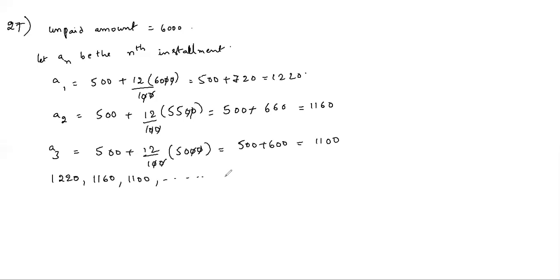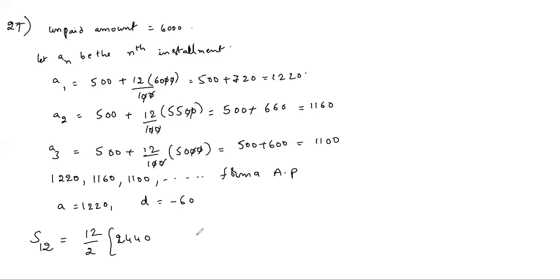If you observe the terms, 1220, 1160, 1100, and so on, this sequence forms an arithmetic progression with the first term 1220 and the common difference minus 60. And we know the total number of installments for 6,000 at 500 each month means 12 installments. We have to find S12. So S12 equals 12 by 2 into (2 times the first term 1220, that is 2440, plus 11 into the difference, minus 60).